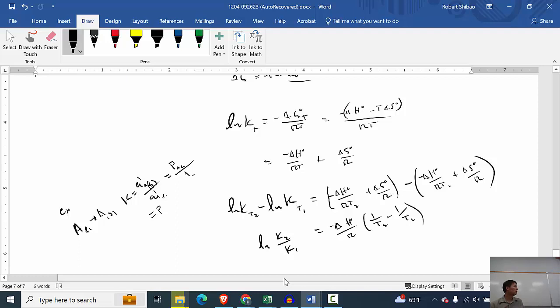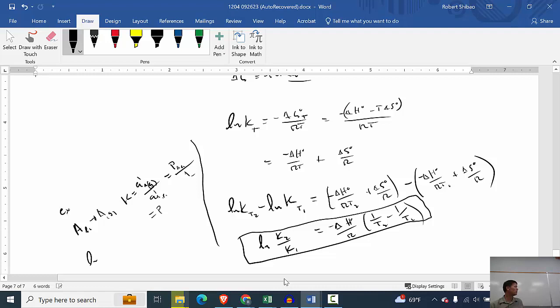So an example of using this equation is more applicable. But if we just look at only vapor pressure, then we derive this equation from that. And that is ln of P2 over P1 is equal to minus delta H of vaporization over R times 1 over T2 minus 1 over T1. And so one of the applications of this equation is to derive the Clausius-Clapeyron equation.